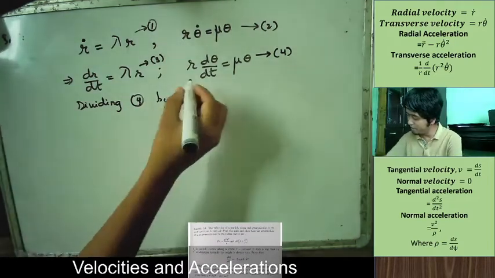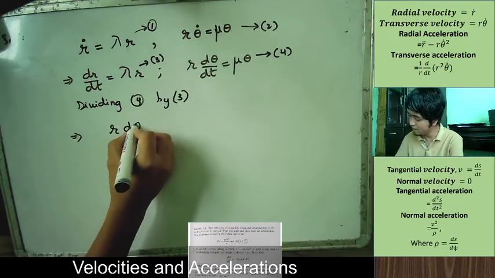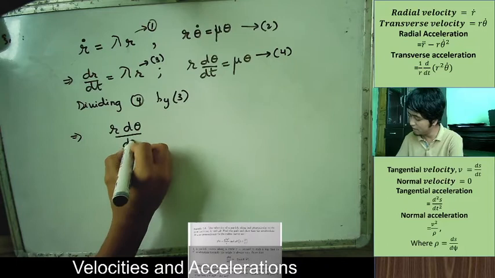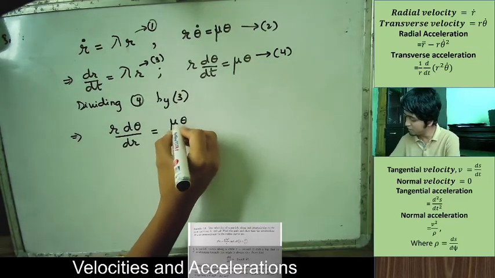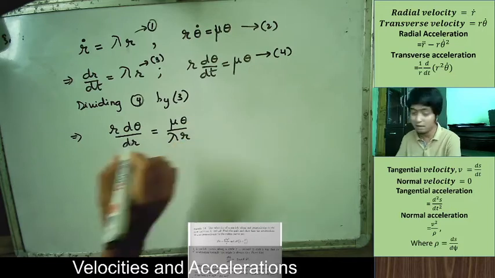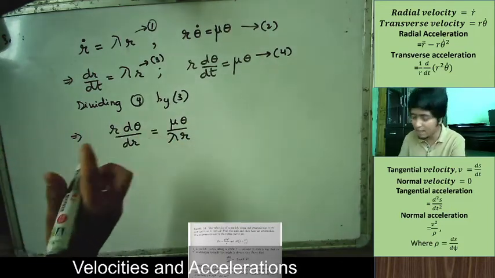If we divide it, we will be having r d theta upon dr equal to mu theta by lambda r. Once you reach this stage, now you just have to separate the variables and integrate.